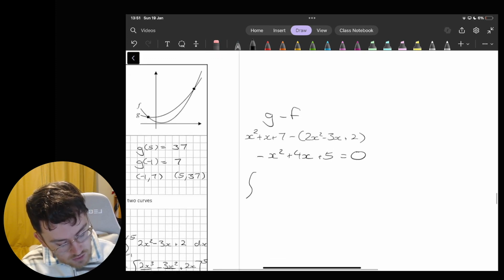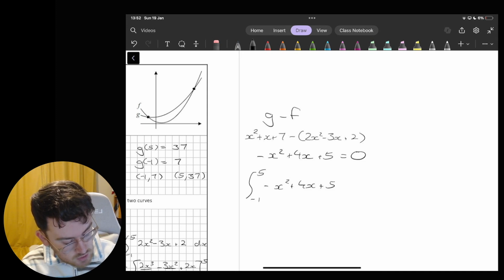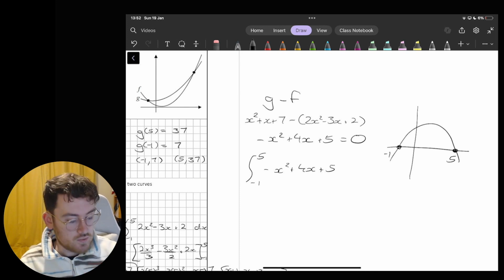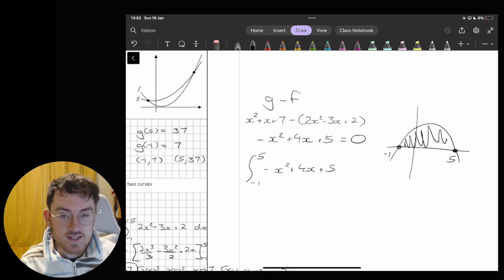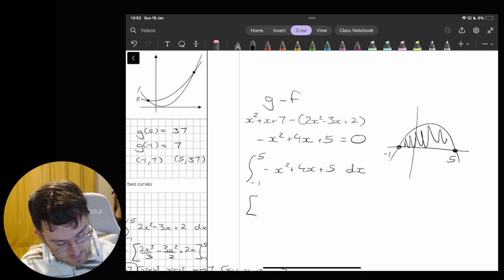We want to integrate this function between minus 1 and 5. Bearing in mind that by definition we have created a negative quadratic function, I can see it's negative, which would have roots of minus 1 and 5. So we're now looking for this area between the two, which again we should be fairly okay to calculate.